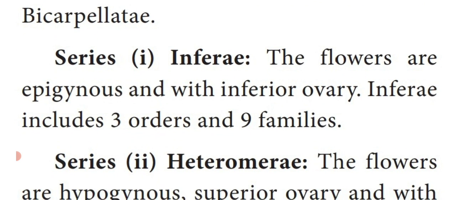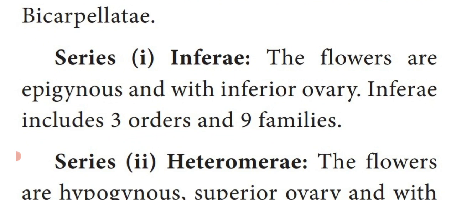The series 1, Inferae. The name itself gives the answer: inferior ovary, flowers with inferior ovary. And also epigynous flower. What is an epigynous flower? The other floral whorls are at the top and the gynoecium is at the base.